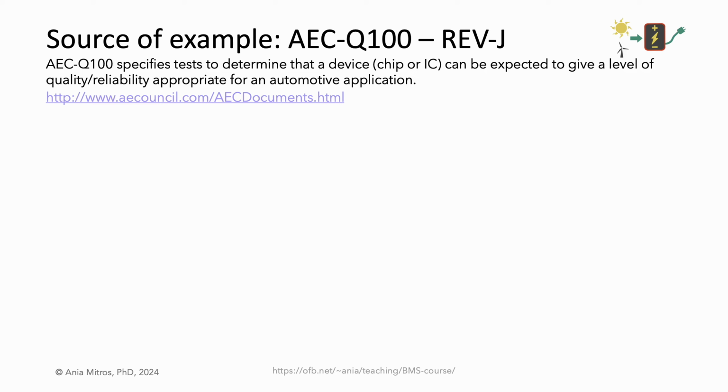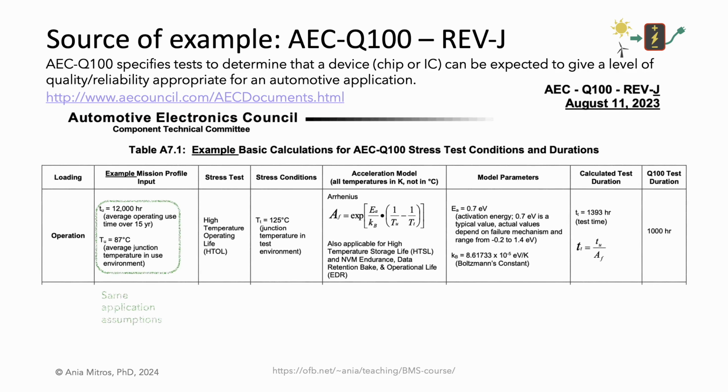It's a widely used specification. I would guess that most car manufacturers require that most chips and critical systems of the vehicle comply with AEC-Q100. In my example, I used the same application assumptions as this example from AEC-Q100 and the same activation energy EA, with a nearly identical result.